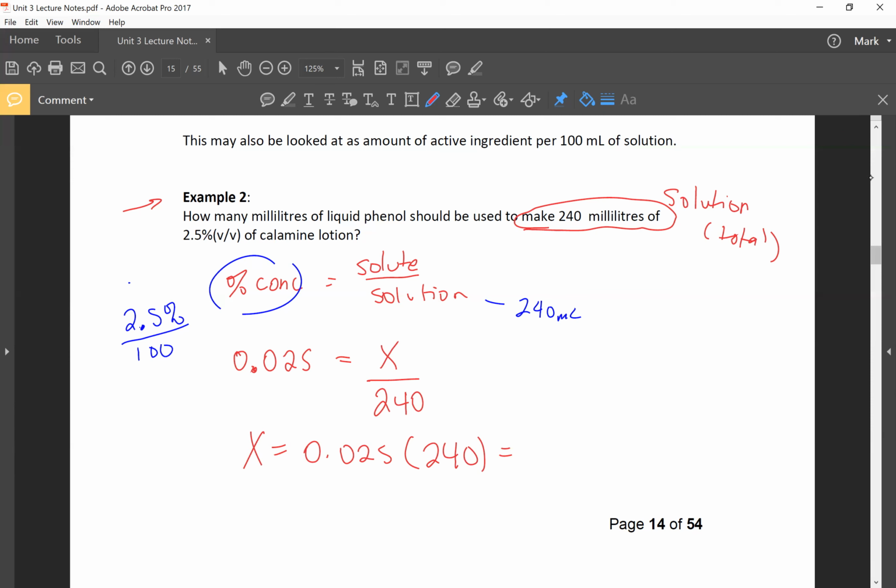So decimal 0.025 times 240 is 6 milliliters. Now, how do I know it's milliliters? Because this is milliliters. They must share the same unit. So if this was liters or pints or quarts, my answer would be in liters, pints, or quarts.